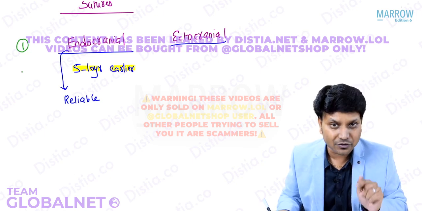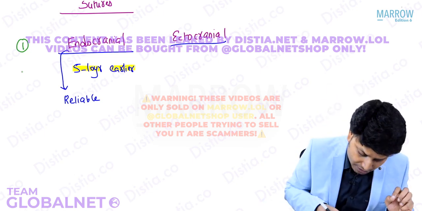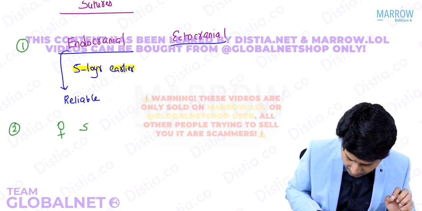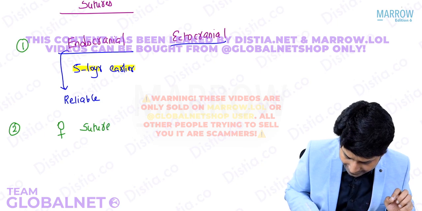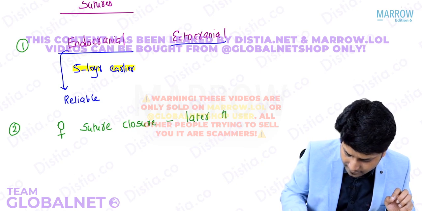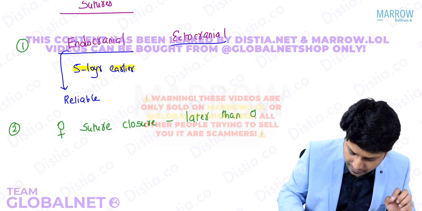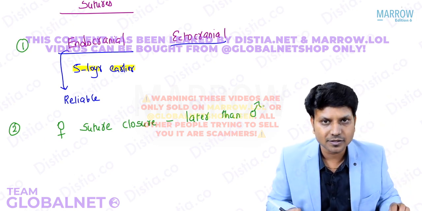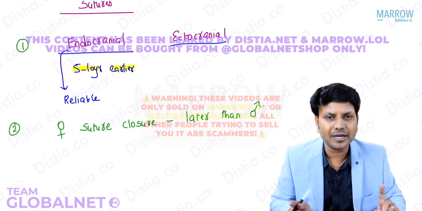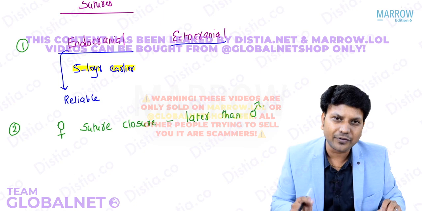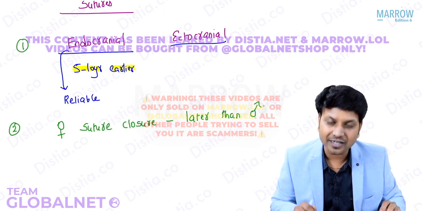But this is one exception, where in females the suture closure will be delayed, 1 year later than in males. This is one exception: normally for teeth and ossification in females, fusion and eruption occur early, but here it is delayed.